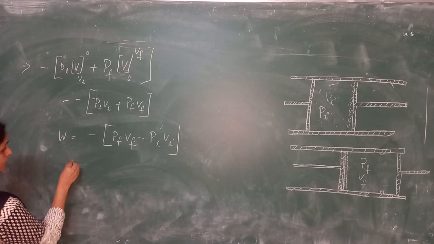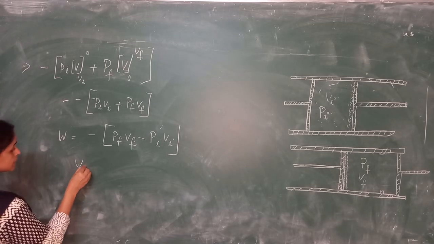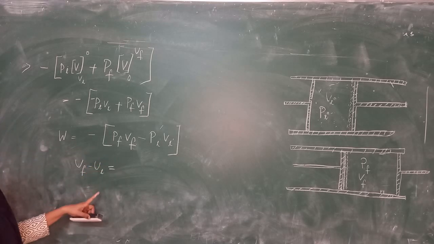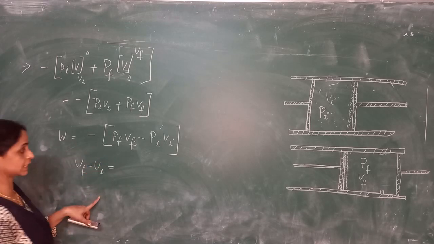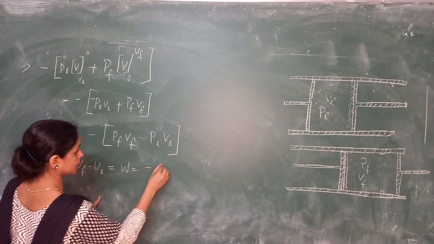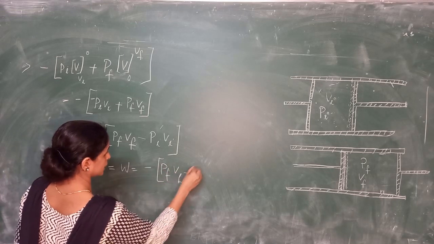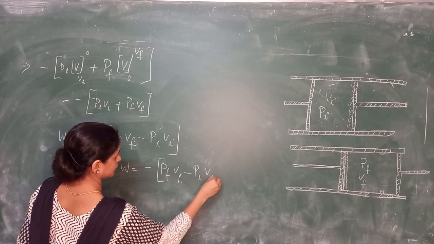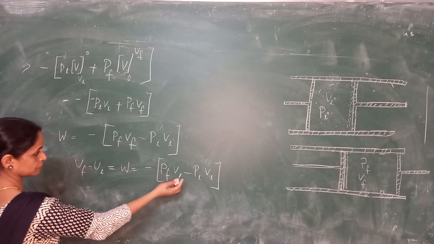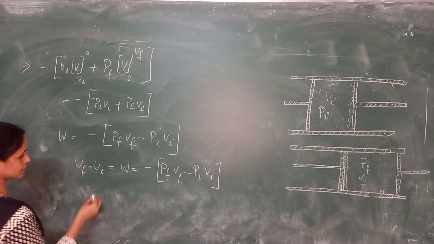So Uf minus Ui is W that we have already written, which is equal to minus Pf Vf minus Pi Vi. Then you can combine these terms: the Vf terms on one side and the Pi terms on the other side.